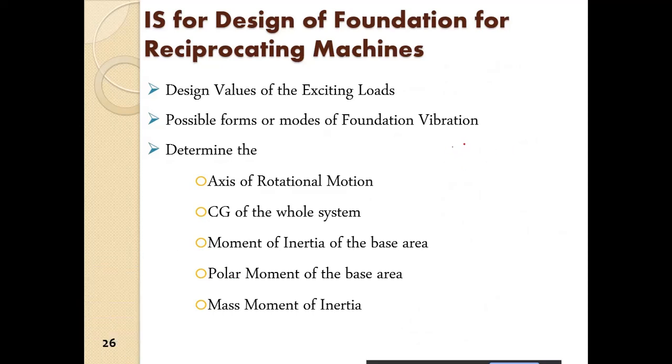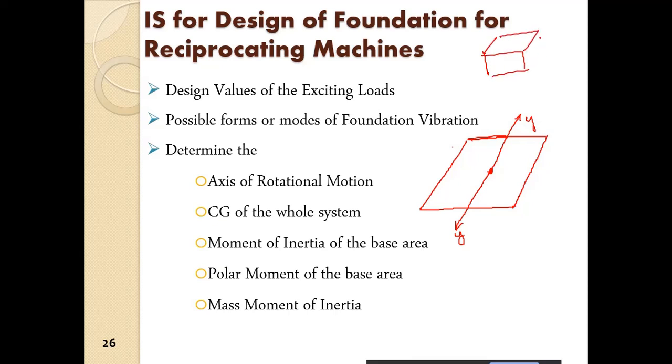If the base area is rectangular, we have to find the moment of inertia about the y-axis passing through the center of gravity of the base foundation. Suppose this is the foundation, then this is the base area, which is what we are considering here.